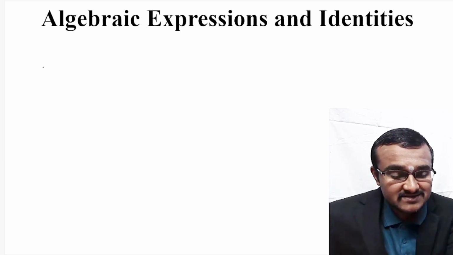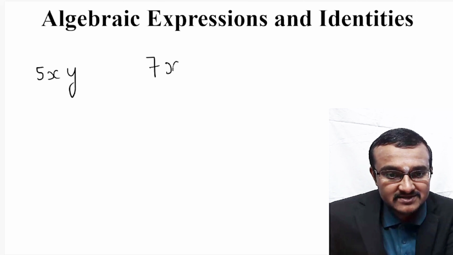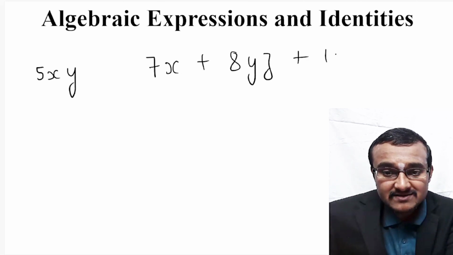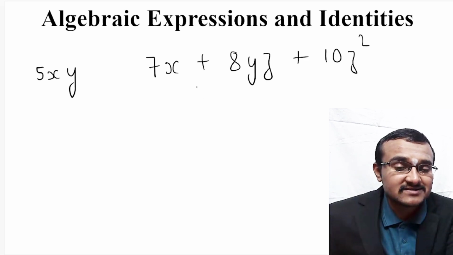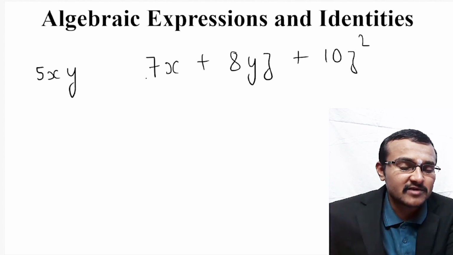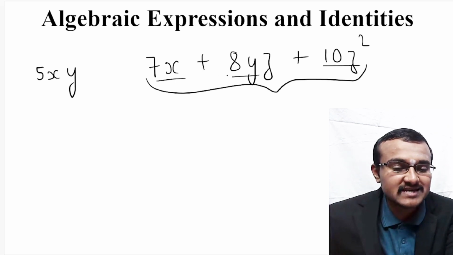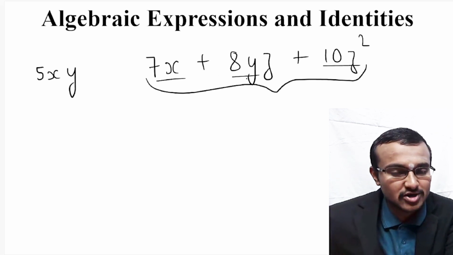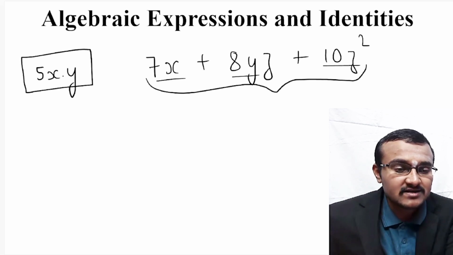So let us take 5xy as one particular monomial and 7x plus 8yz plus 10z square as an example of a trinomial or a polynomial. This is a trinomial because it has three terms in this algebraic expression. So this 5xy is a monomial.